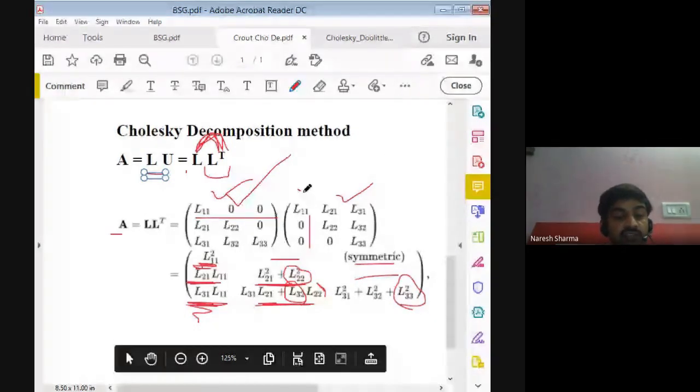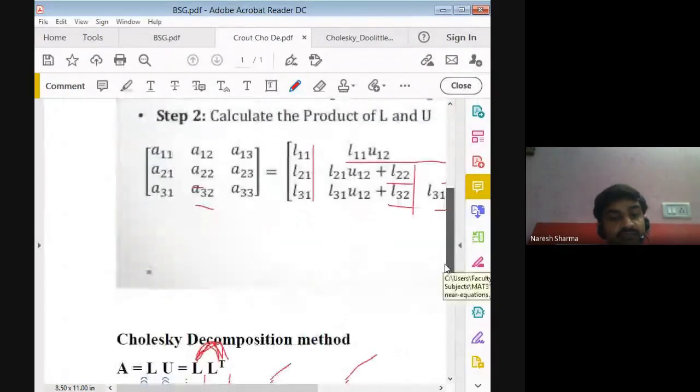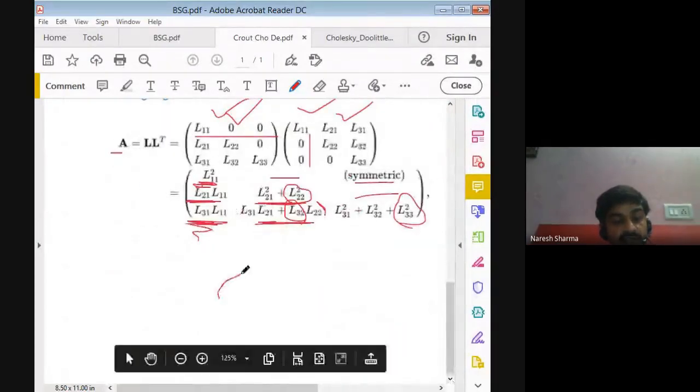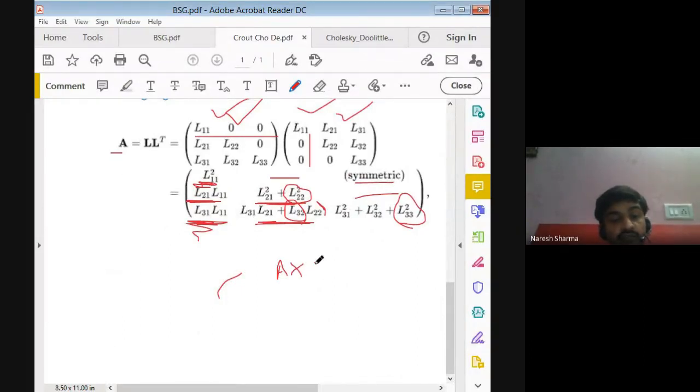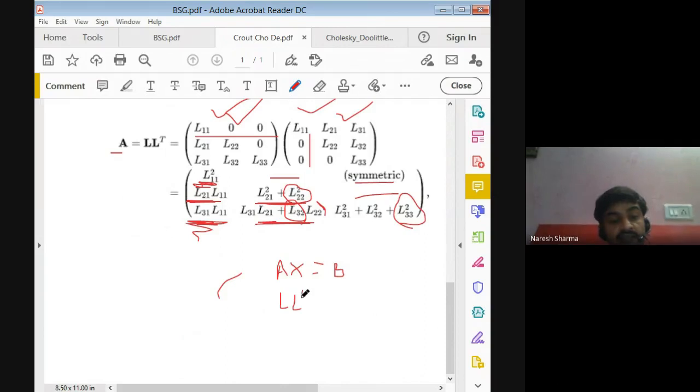After that, you just use the normal procedure that we have discussed. That is AX is equal to B, and we write A as L times L transpose, or LT.